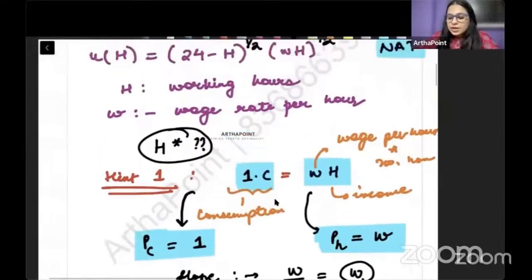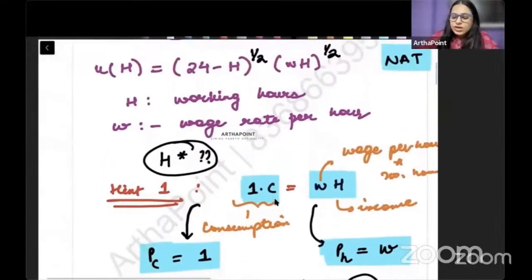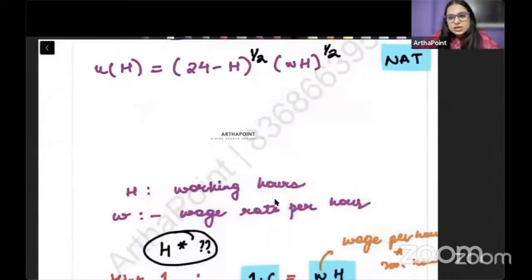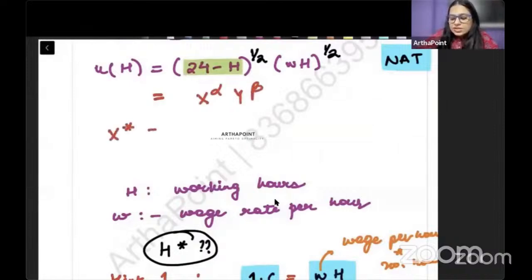What you can go ahead and do is very, very simple. We have already studied Cobb-Douglas utility functions. In a Cobb-Douglas utility function, whenever anything is of the form x to the power alpha, y to the power beta, I know x is nothing but alpha upon alpha plus beta into m by price of x.